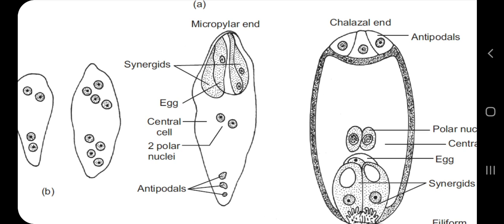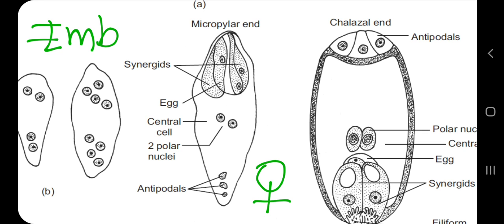What is embryo sac? Embryo sac is the female gametophyte, which is having 8 nuclei and 7 cells.